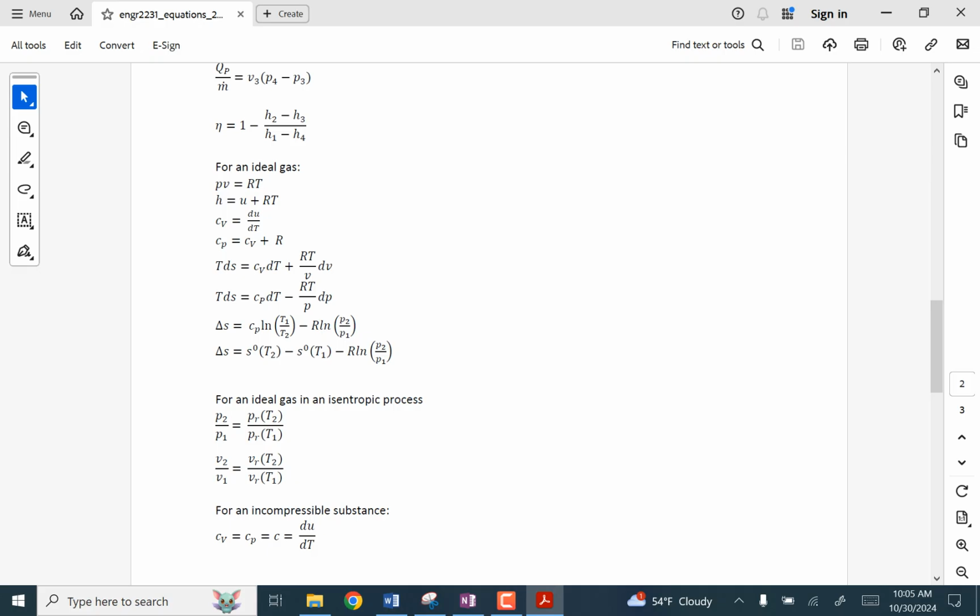It's more a matter of cataloging all these equations in your head and knowing, okay, this problem has this, so here are the equations available to me. Making lists and outlines is really helpful in a class like this.